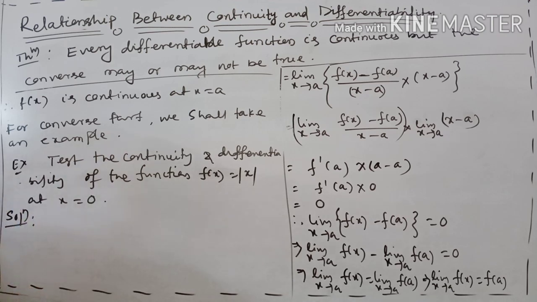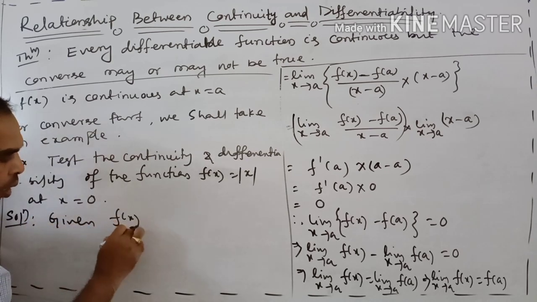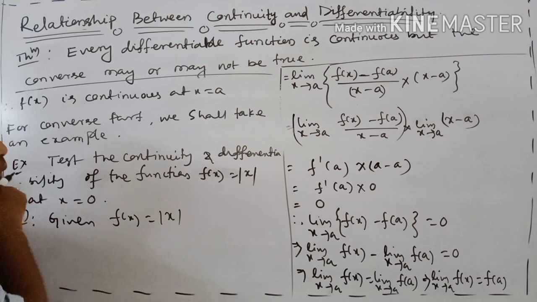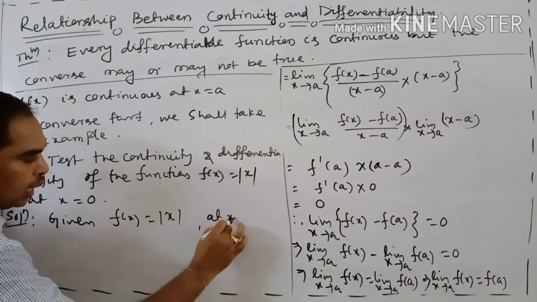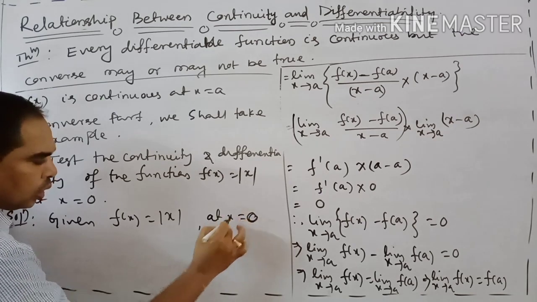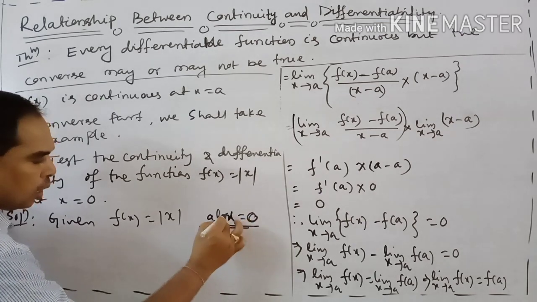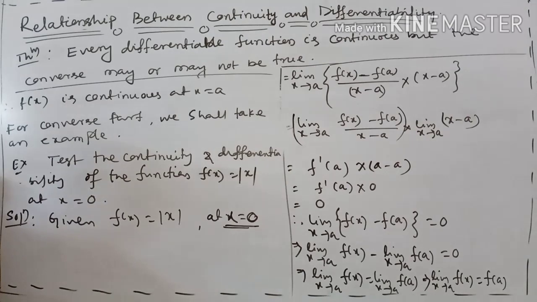Solution. Given f of x is equal to mod x at x is equal to 0. So this is called the indicated point, which means x is equal to 0. We have to test. Therefore f of 0 is equal to mod of 0 is equal to 0.